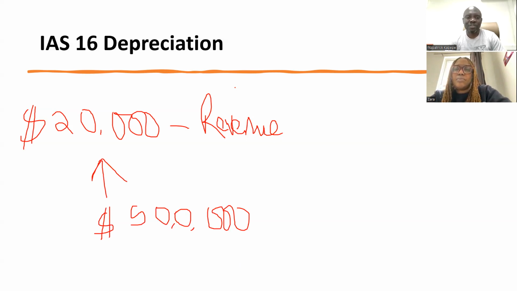And this is your annual revenue that you have made from the asset that you bought for 500,000. Revenues are actually generated from assets.